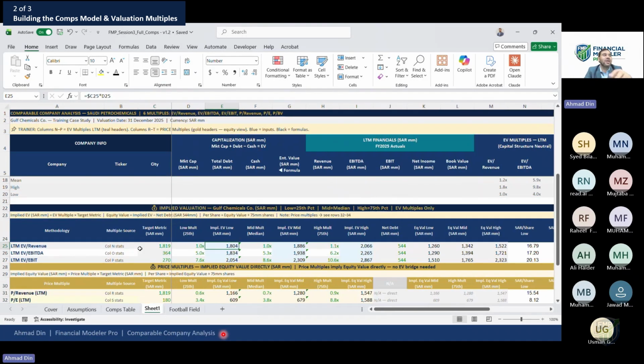We get the enterprise value, then we adjust debt, and get the equity value on the EV multiples. For the equity multiples, we directly multiply with the company financials to get the equity value of the business, and then we divide it by the number of shares, so we get the per share price. So at this moment we have calculated step by step that our comparable approach gives us this level of valuation.